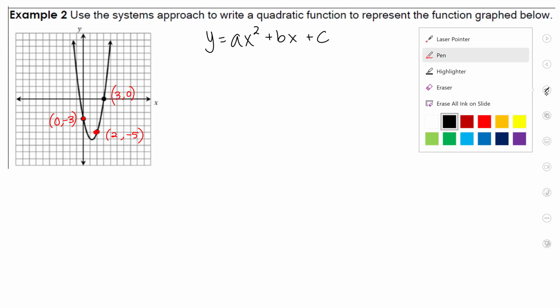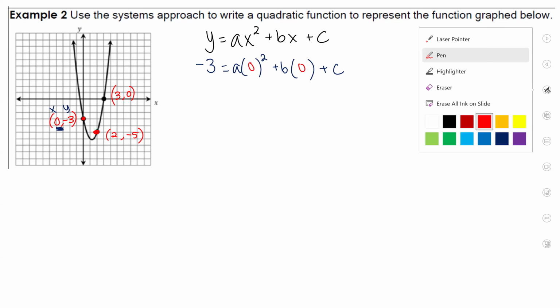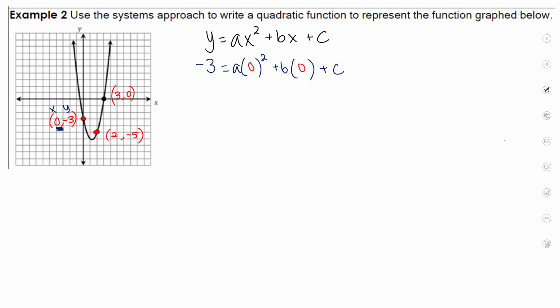Okay, so let's do our first one. This is x, this is y. So your y value is negative 3. So I'm going to plug in a negative 3. Ax squared plus bx plus c. Our x value is 0. So we're going to be plugging in zeros. Let's do the other one. My y value is negative 5.